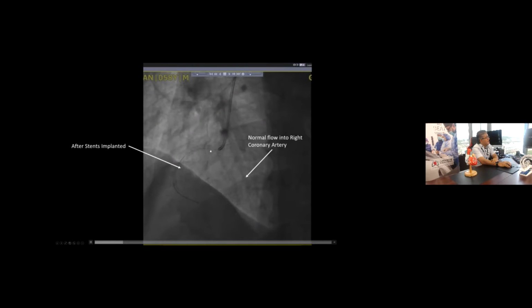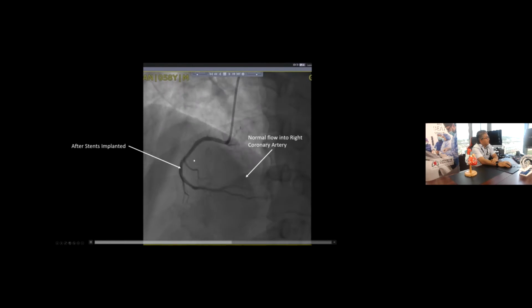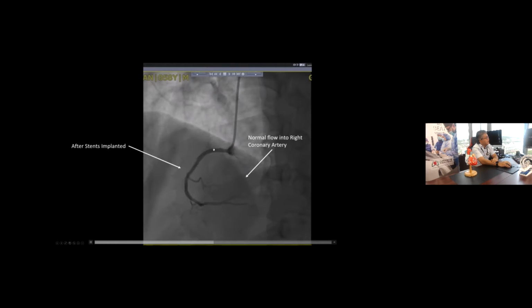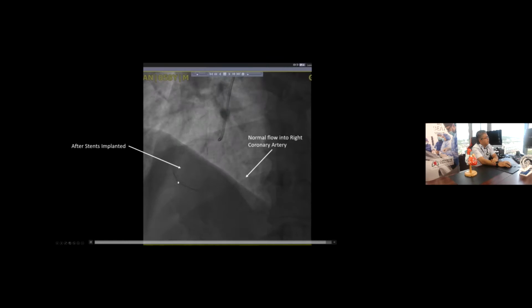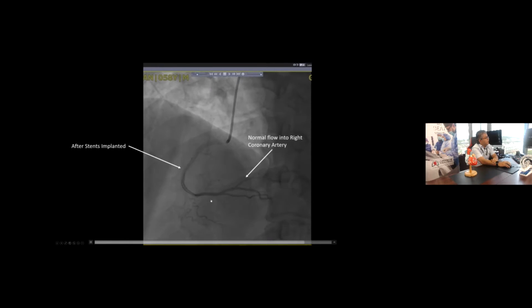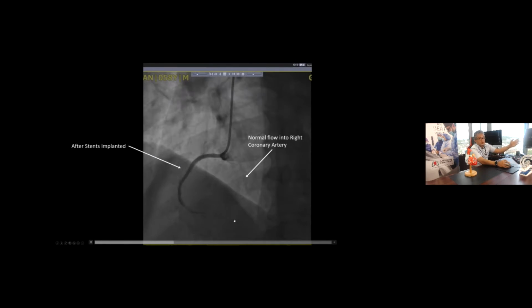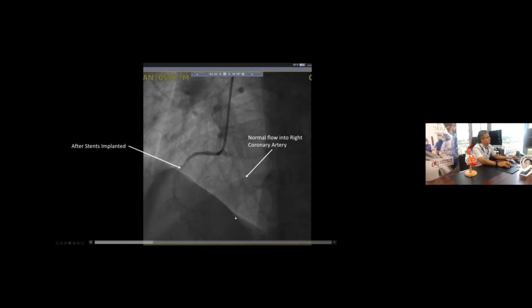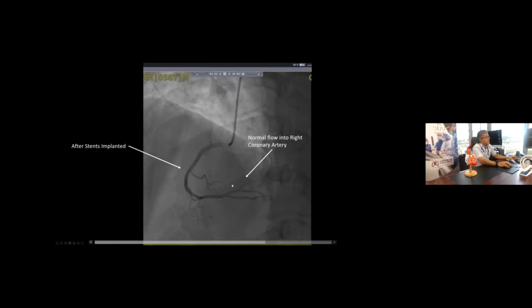So you can see the stent. This looks like a wire, looks like a fence from about there to about there. And now you can see that there's blood flow filling the whole thing. So this overall took about 35 minutes. And it restored the normal flow.